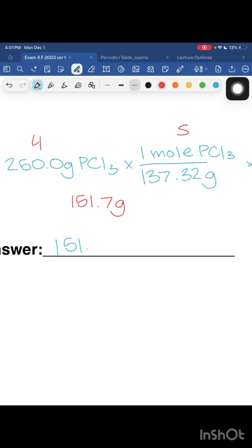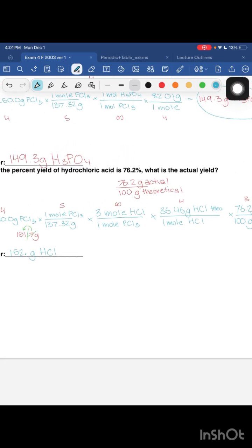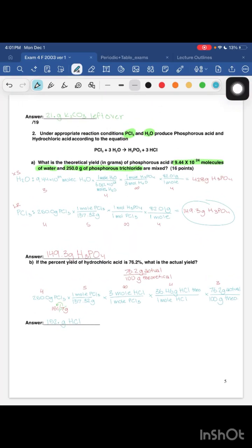However, we only have 3 sig figs, so this is gonna round up, getting us 152 grams HCl is our answer. Yay, we did it!